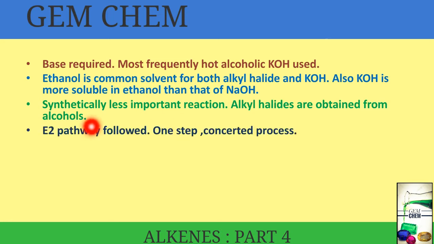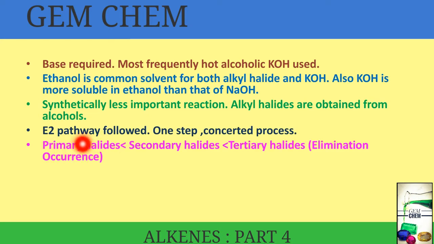Now it follows the E2 pathway, that is, the bimolecular elimination pathway, a one-step concerted process. For primary halides (1 degree), secondary halides (2 degree) and tertiary halides, the preference for elimination is for tertiary halides.